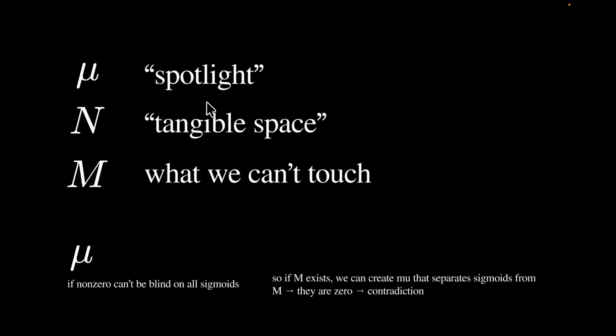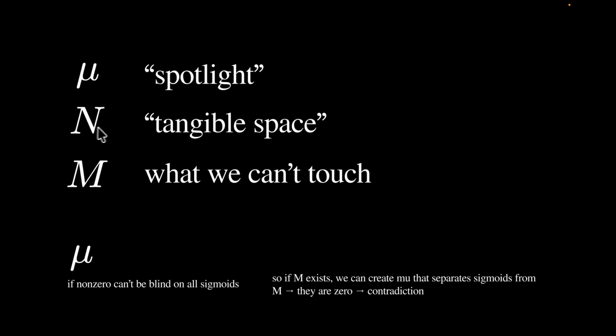It helps us understand that some functions are different from other functions, that some functions have a property that other functions don't have. And I call it a tangible space. It's not exactly a mathematical term, but for me it seems nice and concise. This is the space of functions, just a whole bunch of functions that can be approximated by our sigmoids.